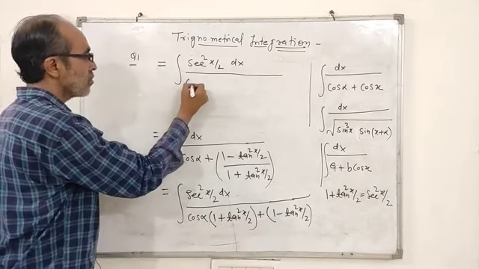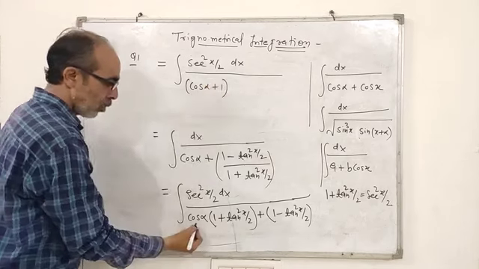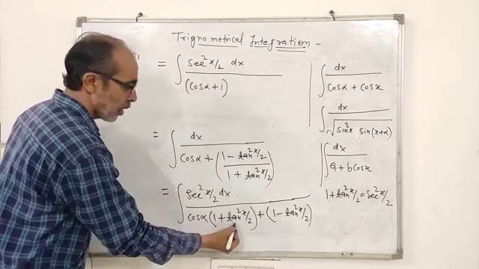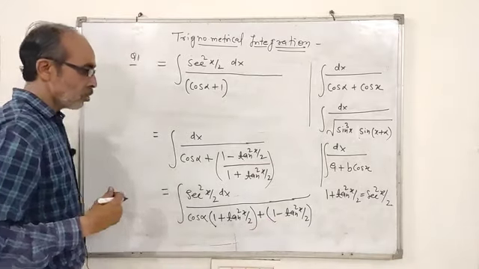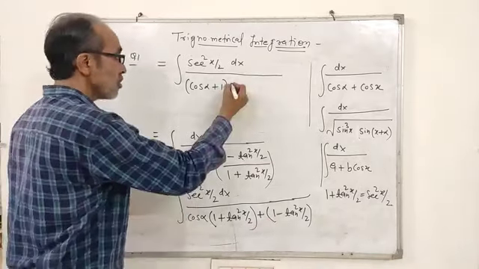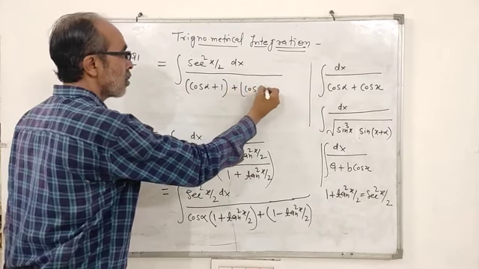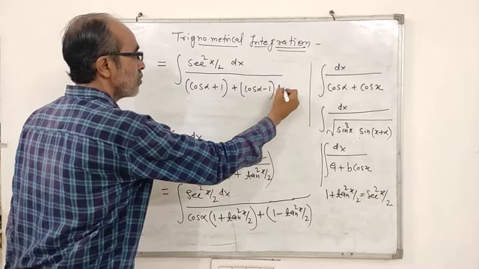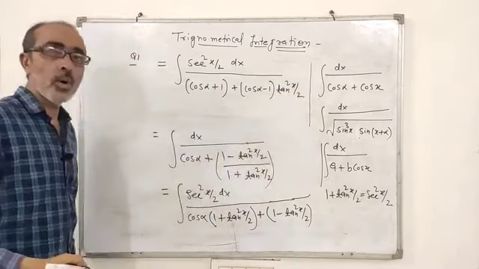So write here cos alpha plus 1 multiplied by tan square x by 2 and negative tan square x by 2, so the value is plus cos alpha minus 1, multiplied by tan square x by 2.